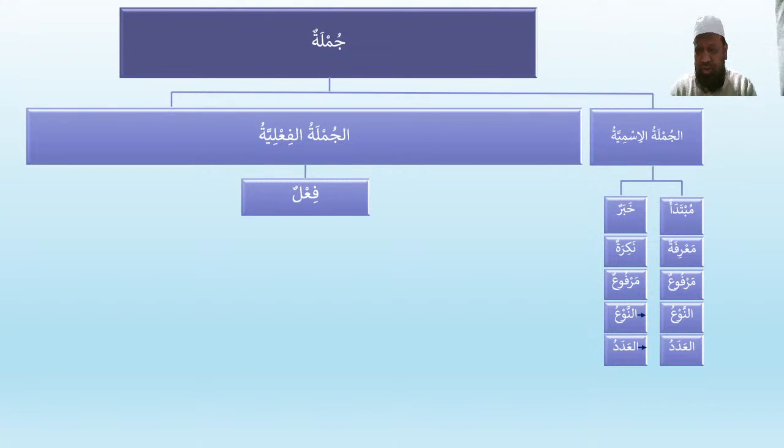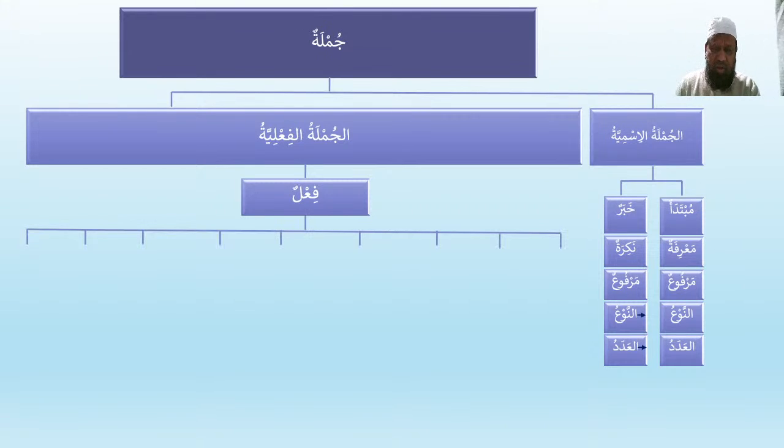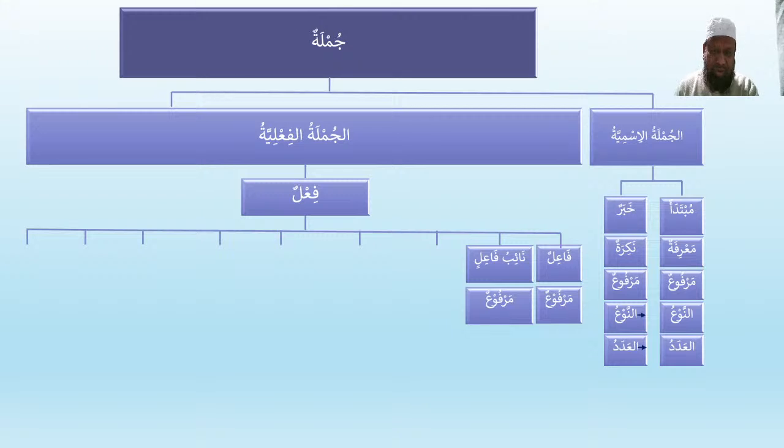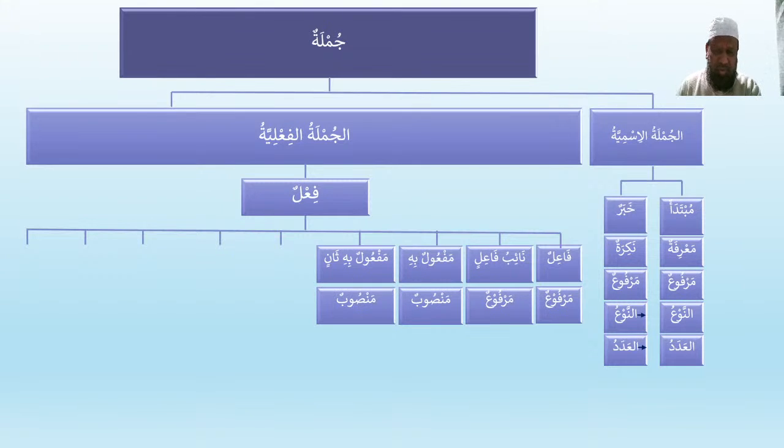Before that, these are the جملة we are doing, جملة اسمية and جملة فعلية. In جملة فعلية, these are the slots we have learned so far: the فاعل, the نائب فاعل, both in مرفوع case; مفعول به منصوب, مفعول به ثاني منصوب, then مفعول فيه, any ism that gives the meaning of time and place is called مفعول فيه منصوب.